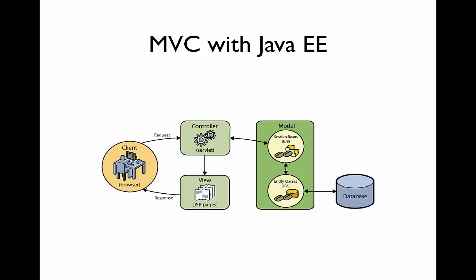From the perspective of a Java EE web application, the model includes enterprise Java beans and Java persistent classes that allow you to interact easily with the database. The view consists of Java server pages, which combine HTML code with Java code. And the controller is a Java servlet that handles HTTP requests from the user.